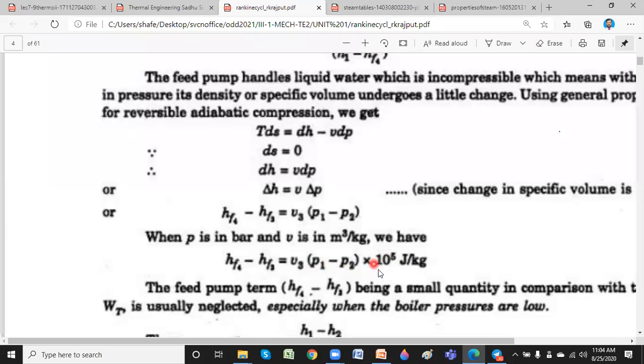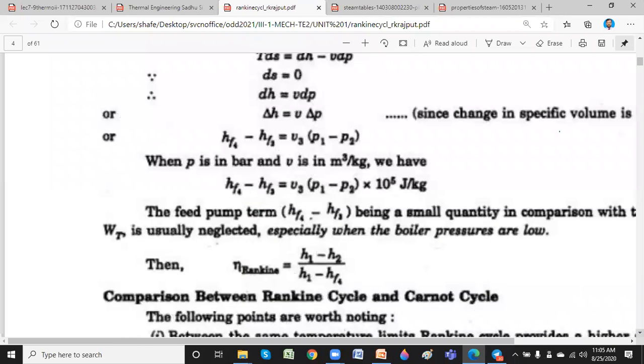This is to convert the bar into joules. So H4 minus H3 equals V3 into (P2 minus P1), both are water only. I know the boiler pressure, I know the condenser pressure, and the volume VF3 I can find from the steam tables, and I can find HF3 also in the steam tables. The unknown is H4. I can find H4, and finally I can find the Rankine cycle efficiency.